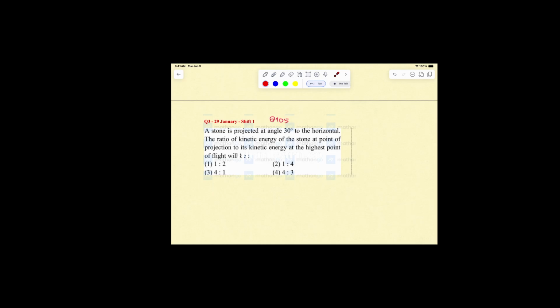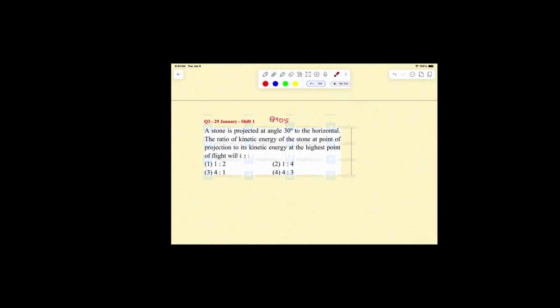Next question, 105. A stone is projected at an angle 30 to horizontal. The ratio of the kinetic energy of the stone at the point of projection to its kinetic energy at the highest point. At the point of projection, kinetic energy is half m u squared. Then at the highest point it will be half m (u cos theta) whole squared, that means u squared cos squared theta. Now theta is given as 30 degrees.